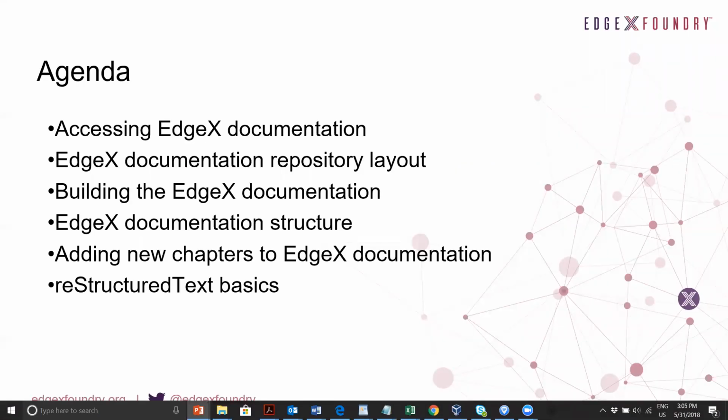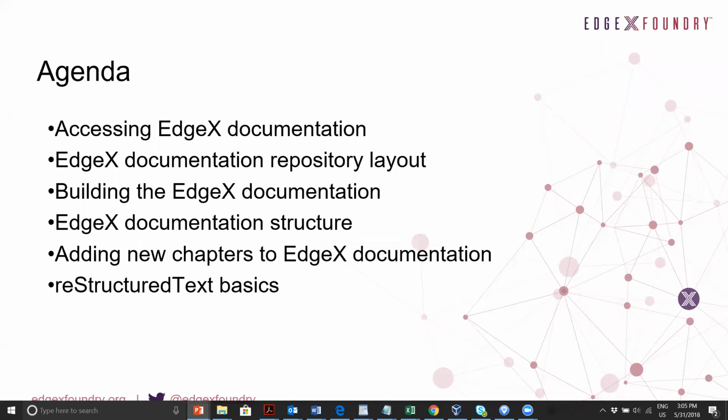So there's a number of things we're going to cover this afternoon. The first thing is basically how you access the existing EdgeX documentation. We'll have a look at where the documentation lives in the repository and how it's laid out and why it's structured the way it is.